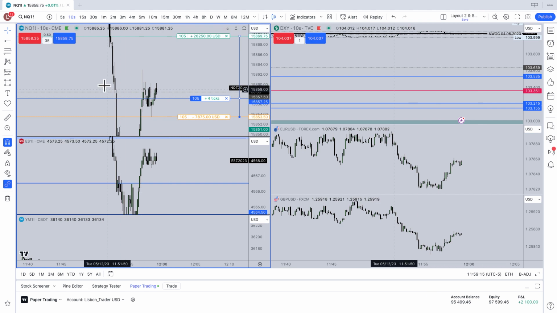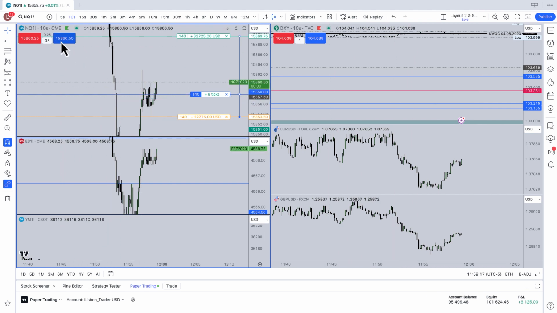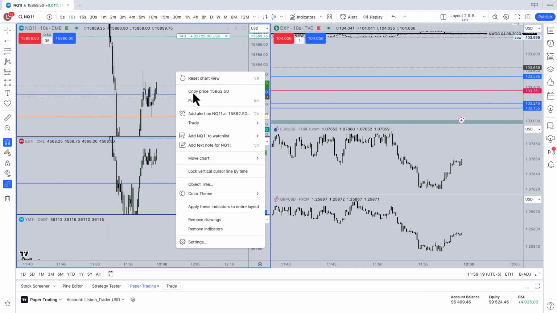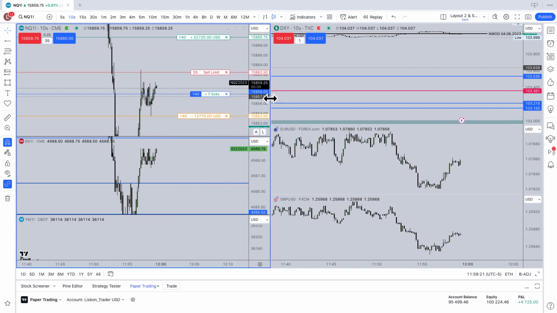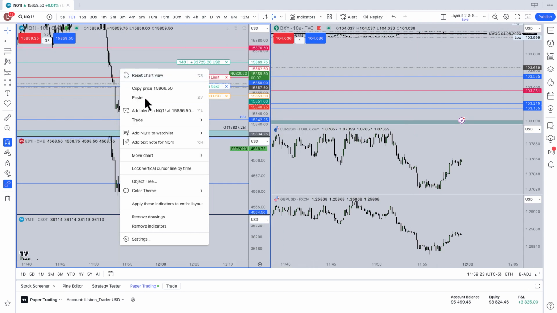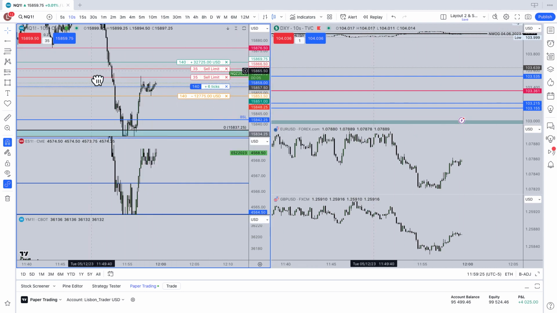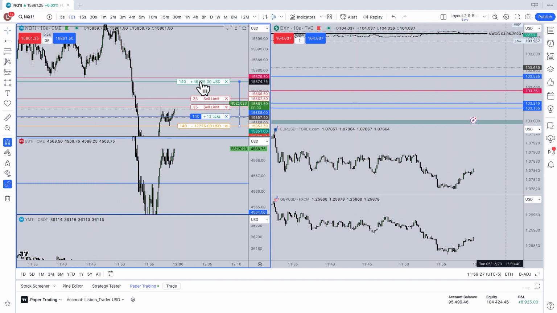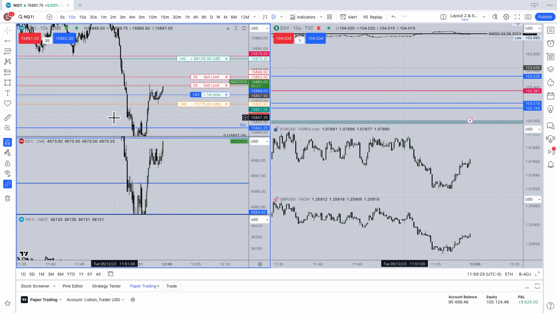So equity is 98, so I was going to push it. I want to sell above here and there, then call it a day above this level.